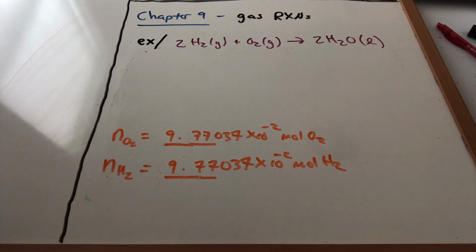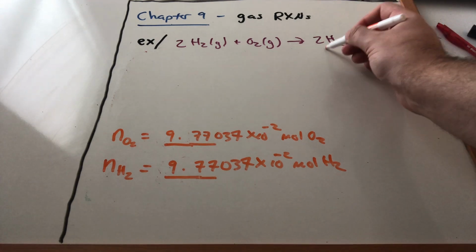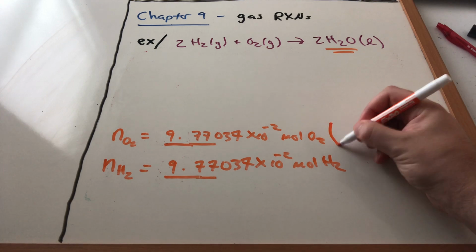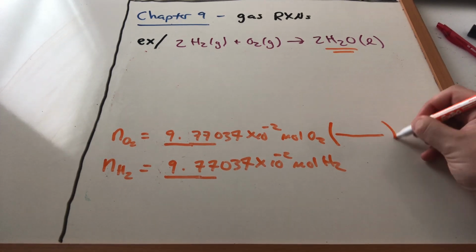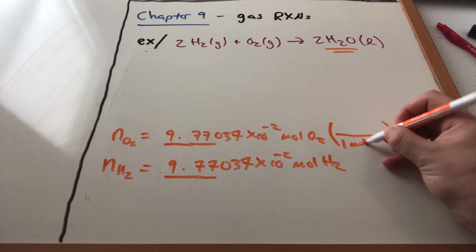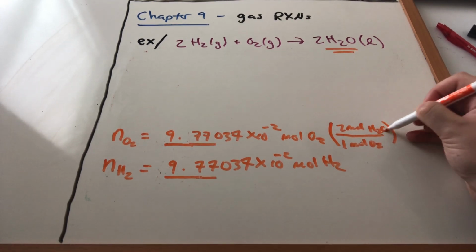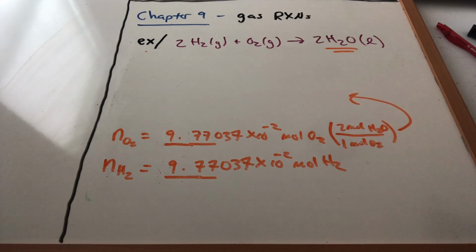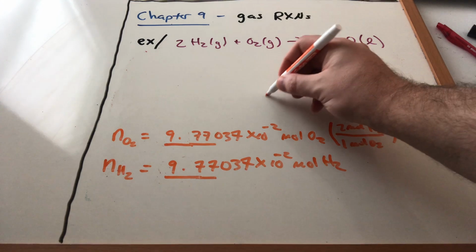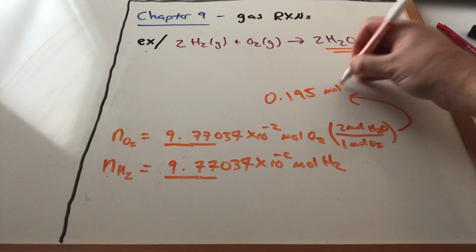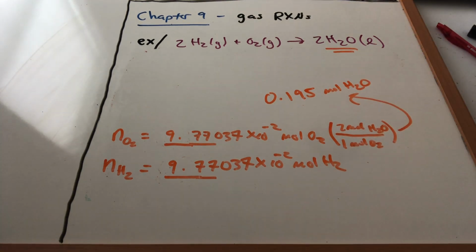Okay, so now with these values, to finish off the limiting reactant process, we're asked for moles of H2O. So what we can do is use our balanced stoichiometric coefficients. 1 mole of oxygen would produce 2 moles of H2O. So when I do that math, what I get is 0.195 moles of H2O could possibly come from the oxygen.